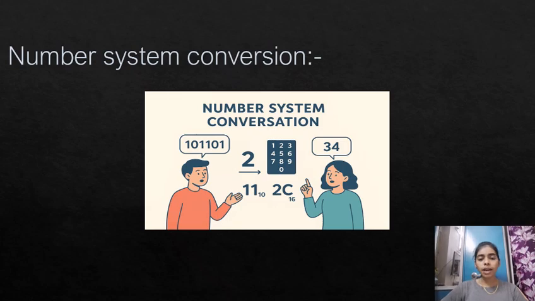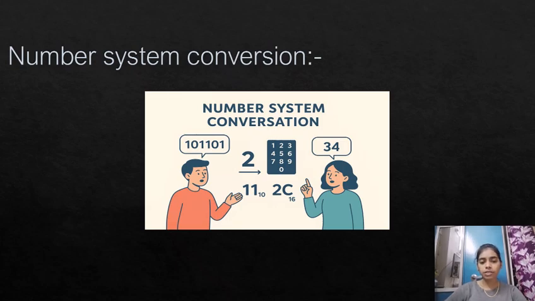In today's seminar, I will be presenting on the topic of number system conversions, and let's get started. A number system is a way of representing numbers using different bases.